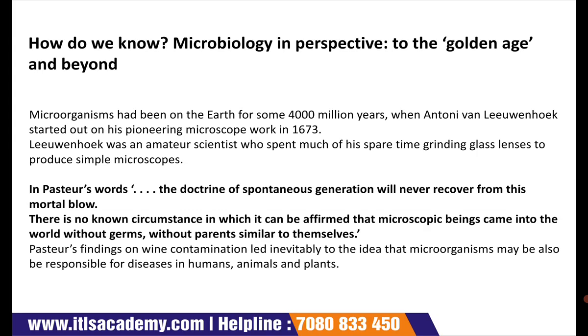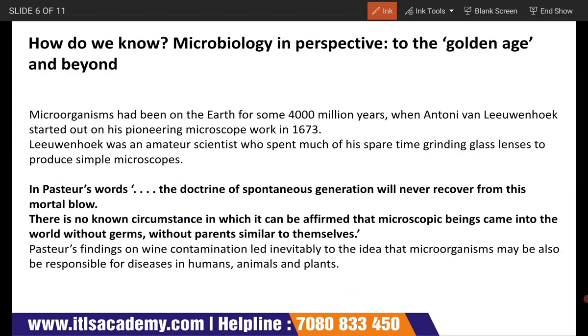Leeuwenhoek was an amateur scientist who spent much of his spare time grinding glass lenses to produce a simple microscope. We all know that the microscope was discovered by Antony von Leeuwenhoek. He started his microscope work in 1673. This question generally arises in MCQs: when he started his work.